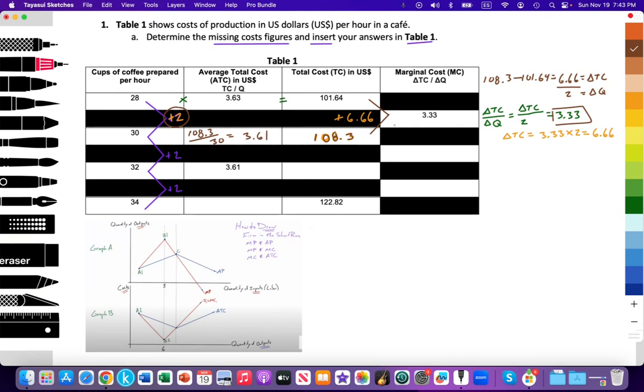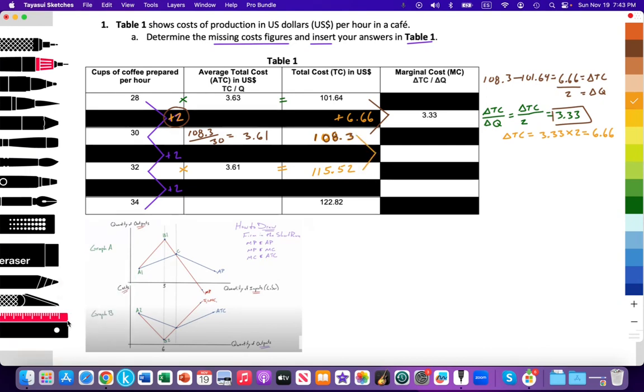Okay, so we're good so far. Let's continue. So here we have 32 cups. The average cost per cup is 3.61, and that could easily give me the total cost. So 32 times 3.61 equals the total cost of 115.52. And with that, I can figure out the change here.